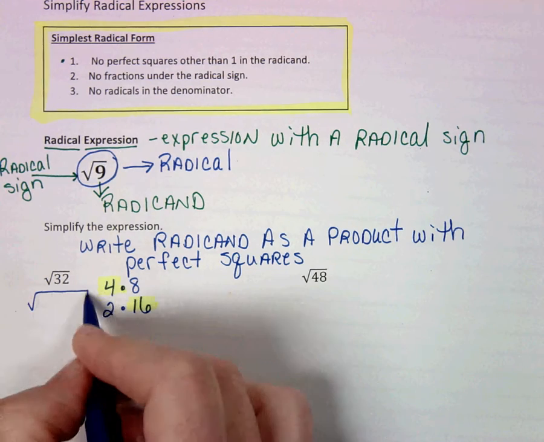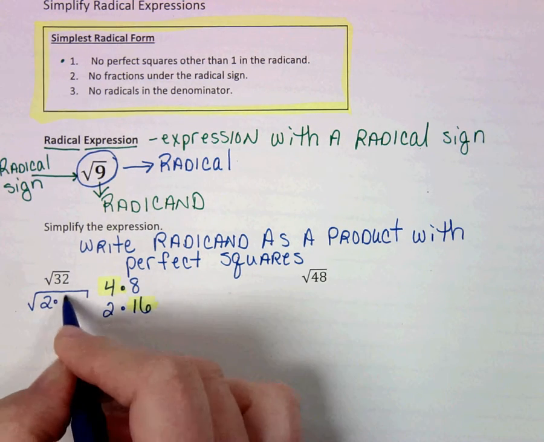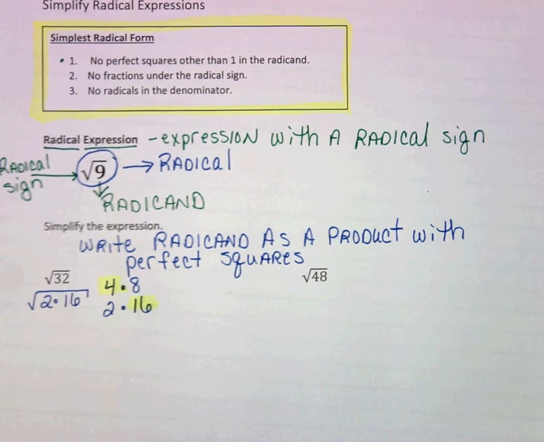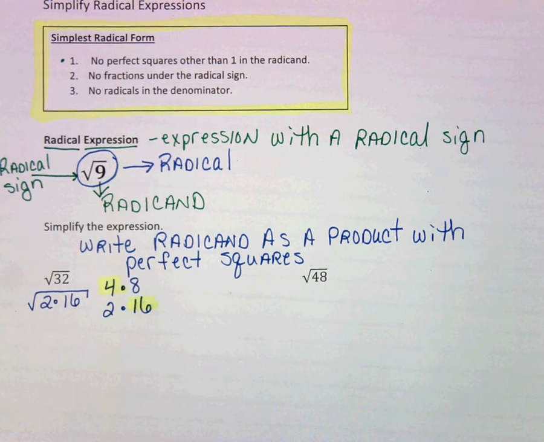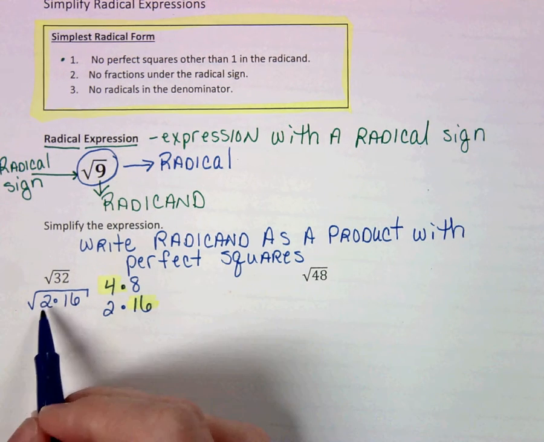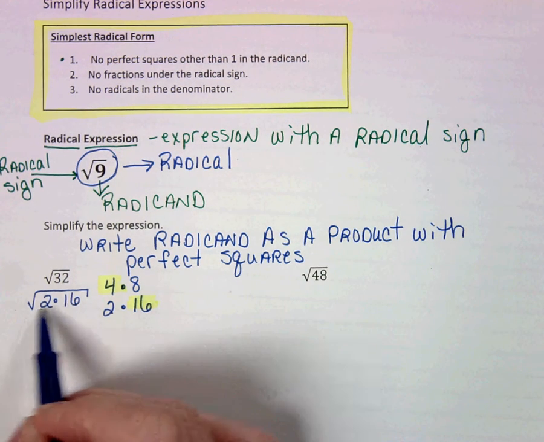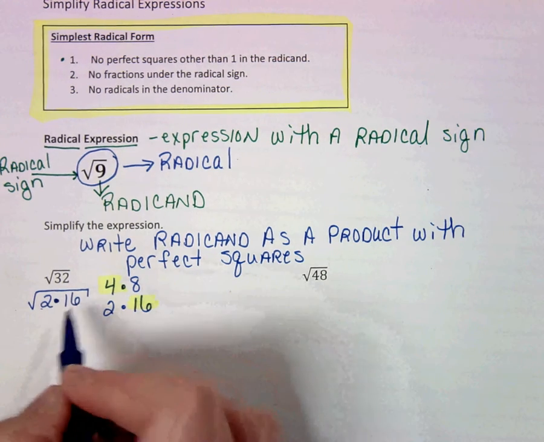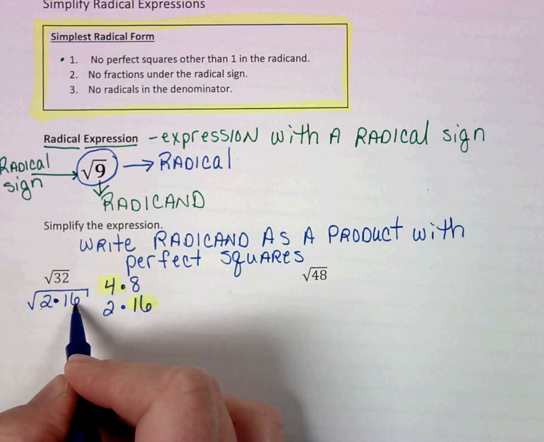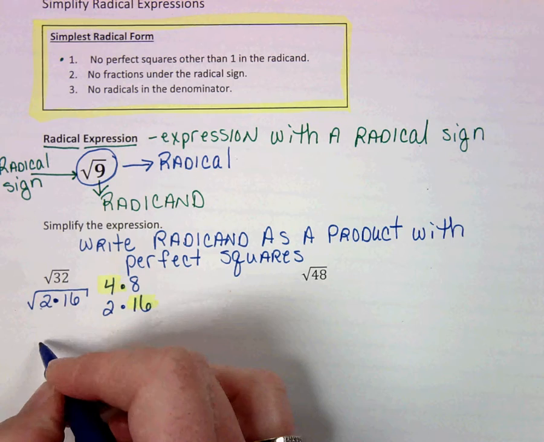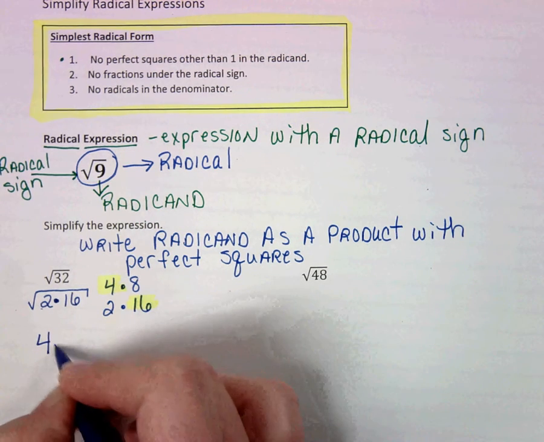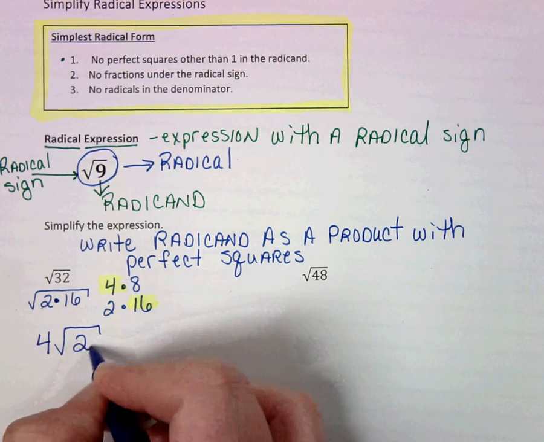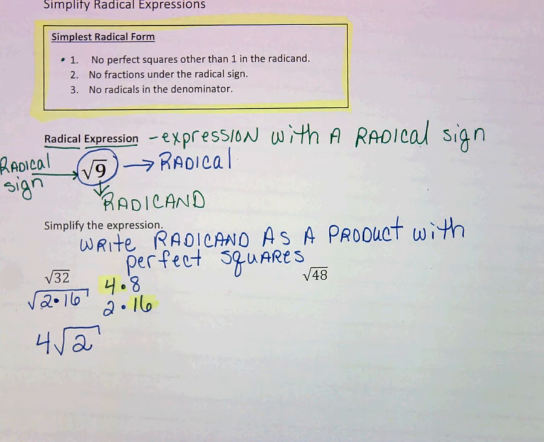So we're going to see that 32 can factor, because that's what we're doing, 2 and 16 are factors of 32. 32 factors to 2 times 16. Well, this makes it really easy to take the square root. We can separate these and think of these as individuals now. 16 is a perfect square. The square root of 16 is 4, but lonely old 2, it isn't a perfect square, so it has to stay under the radical sign.